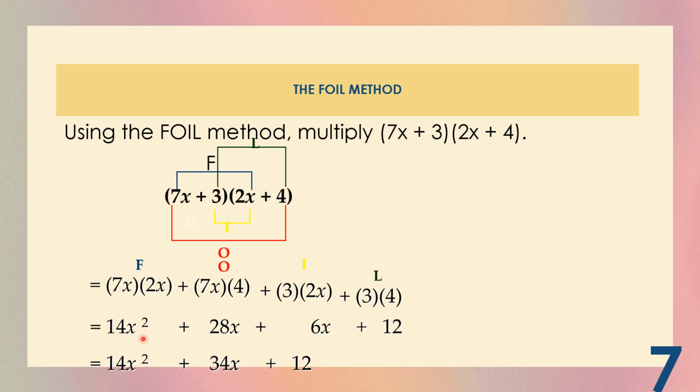So the product of the first terms is 14x squared, plus the outer is 28x, and then the inner is 6x plus 12. So we have 14x squared plus 34x plus 12. This is the product using the FOIL method. Please try to memorize this one.